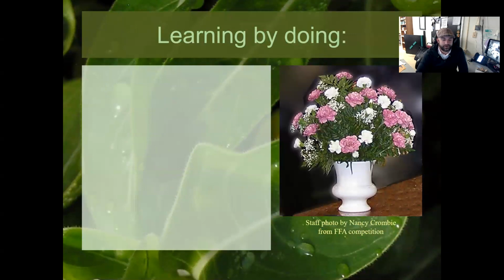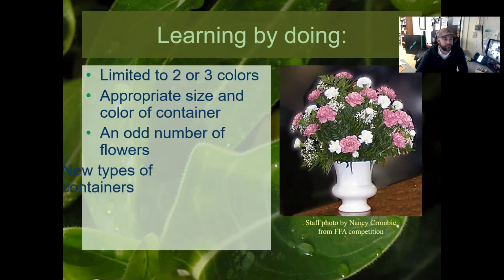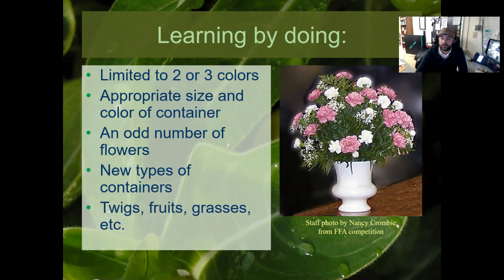So learning by doing, definitely an FFA model trait here, but you want to be limited to 2 or 3 colors, appropriate size and color container, an odd number of flowers, new types of containers, and think about twigs, fruits, grasses, etc. So if we take a look at the picture on the right, we have 3 colors here with the pinkish purple, the white, and the green ferns in there.